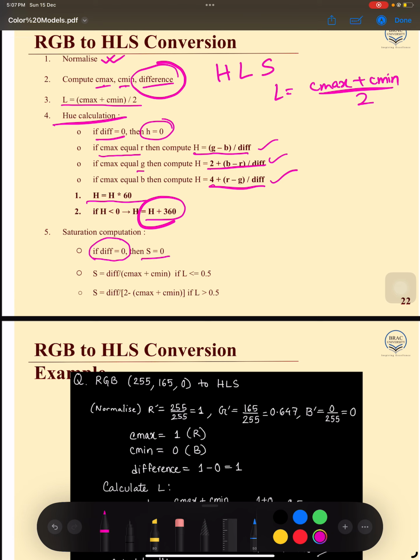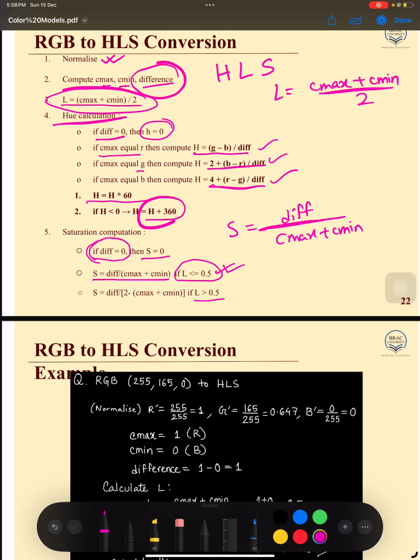But if the difference is not equal to 0, how do we compute S? We will again have to look at the value of L here. If L is equal to or less than 0.5, which we will already know from here, then the formula for S will stand as difference divided by Cmax plus Cmin.